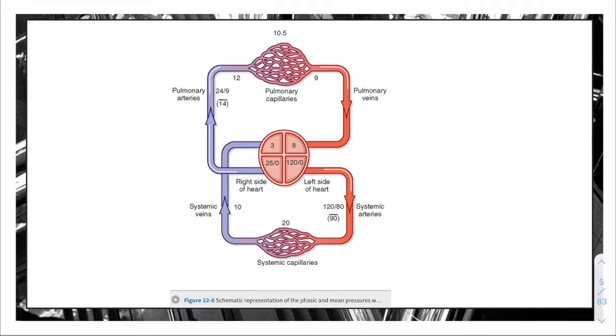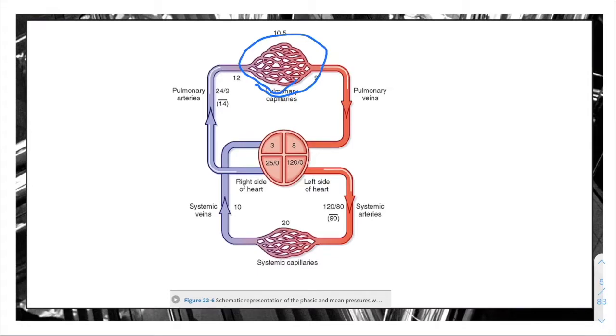This artery then branches and accompanies the airways as far as your terminal bronchioles, and beyond that they break up to supply the capillary beds that lie in the walls of your alveoli. This is where oxygenation takes place.